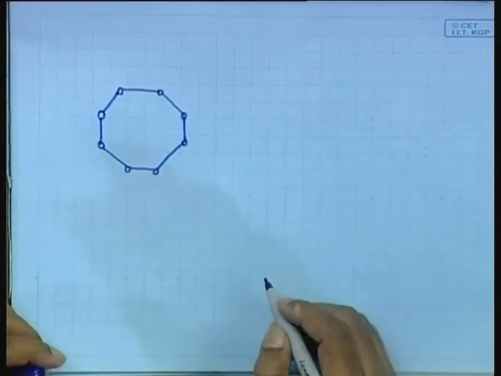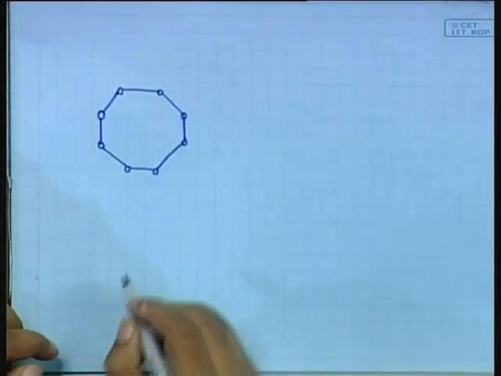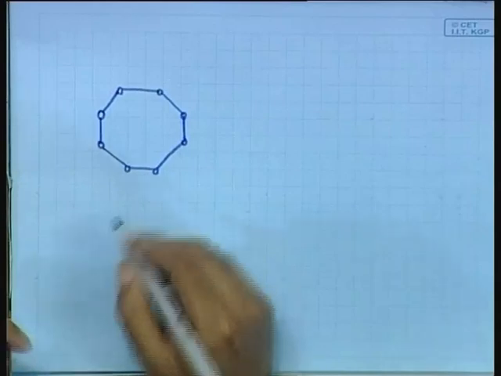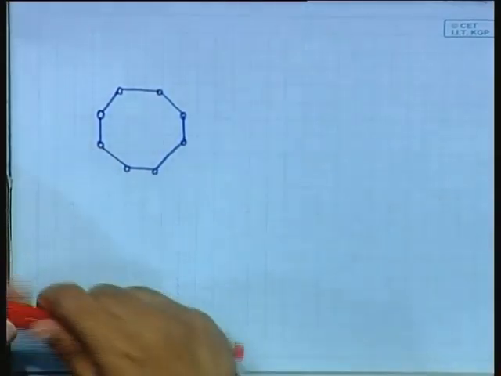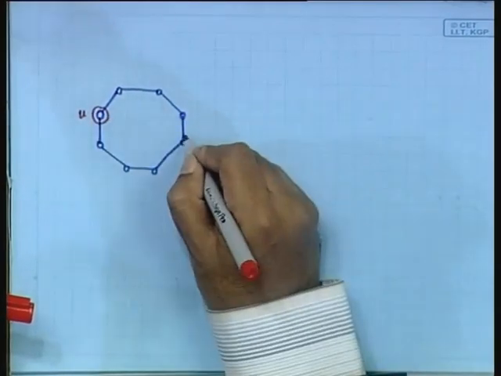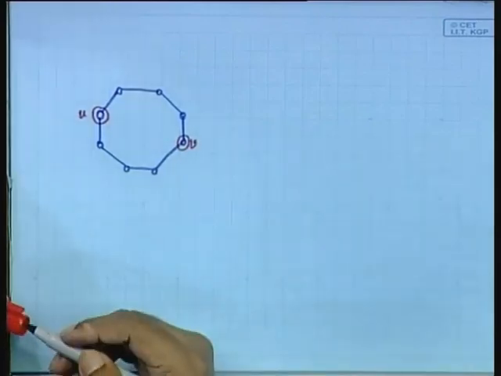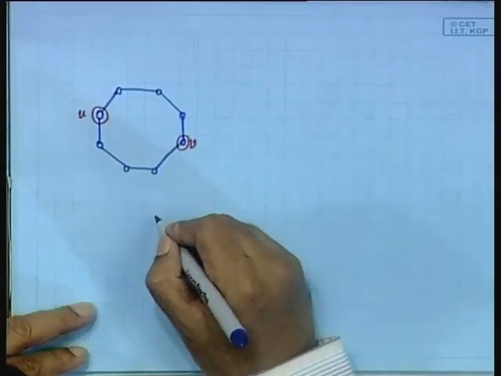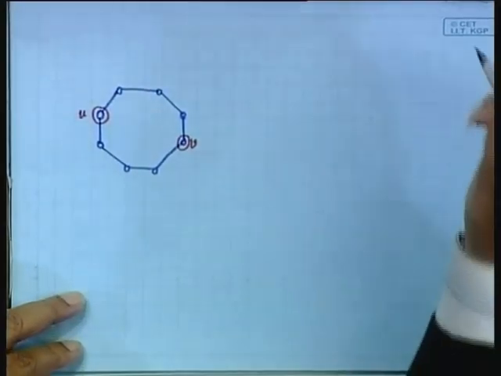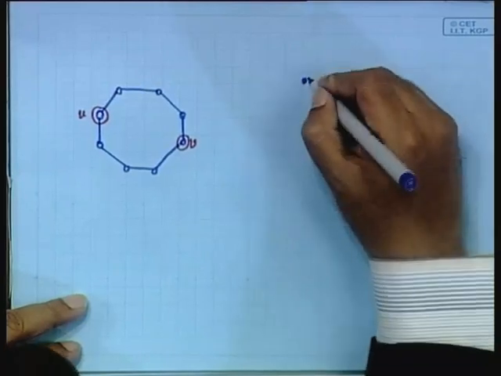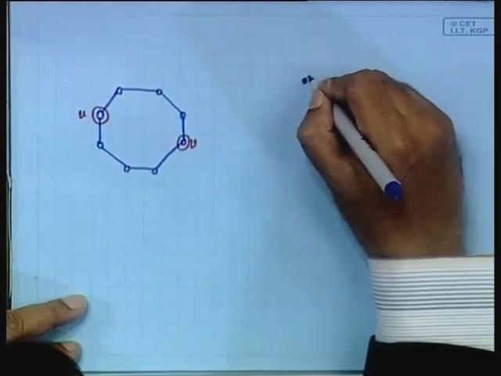Okay. Now, I will create 3 acyclic orientations of this. So, first I will pick up 2 vertices U and V. This is just I am doing it for something which I will refer to later. Now, the orientations that I am going to look at are these. This is one orientation.